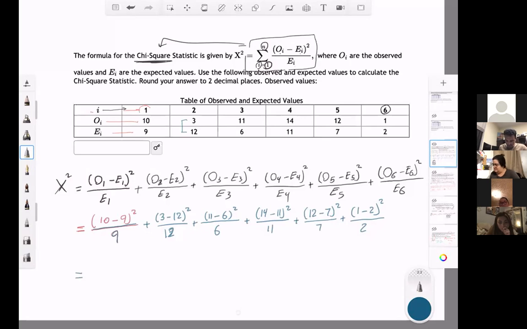So now 12 minus 9. All the numbers here are small, so you are able to do it in your head. 10 minus 9 is 1, over 9, plus (3 minus 12), which is negative 9, squared over 12, plus 5 squared over 6, plus 3 squared over 11, plus 5 squared over 7, plus.